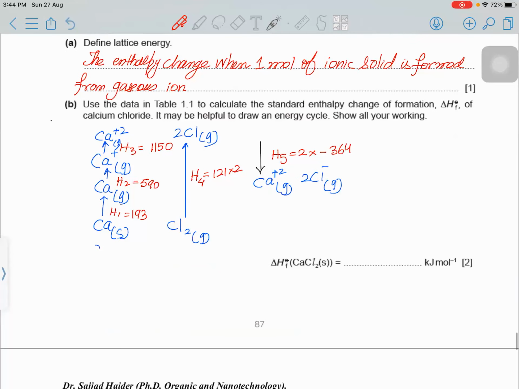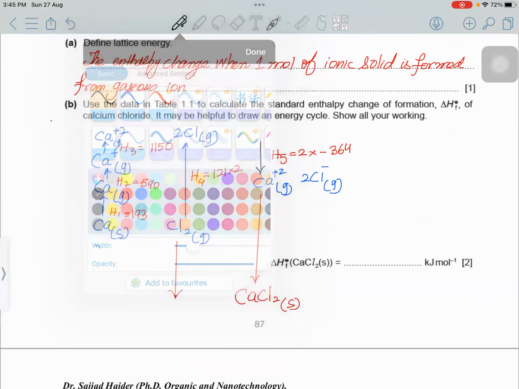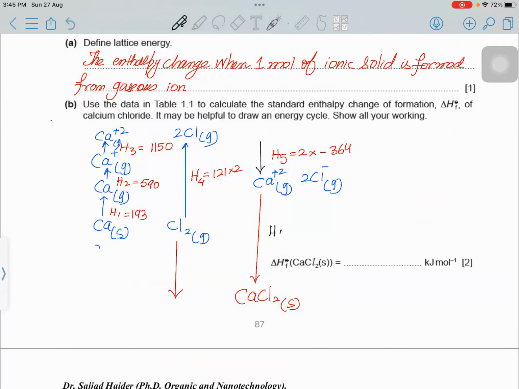Now combine these two ions to get CaCl2 solid. This is H6. This is H7. H7 is required.